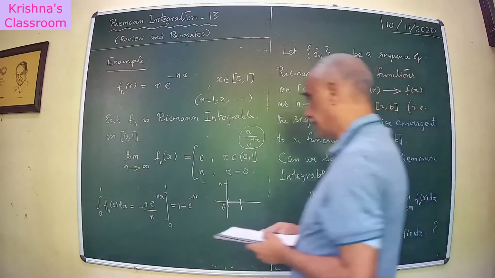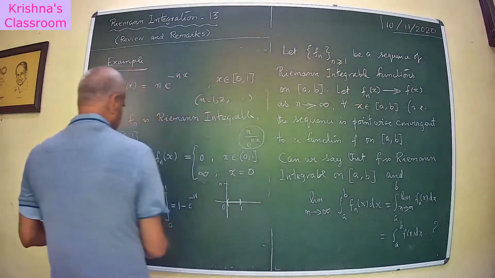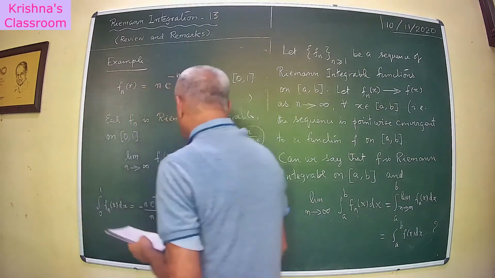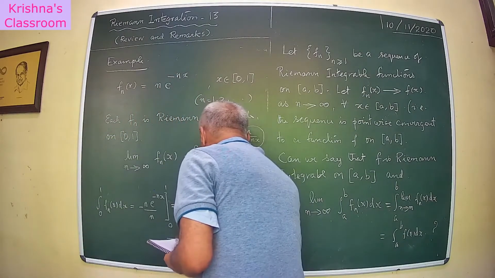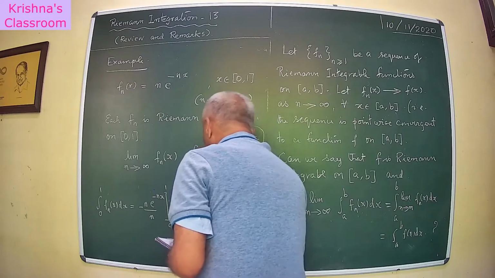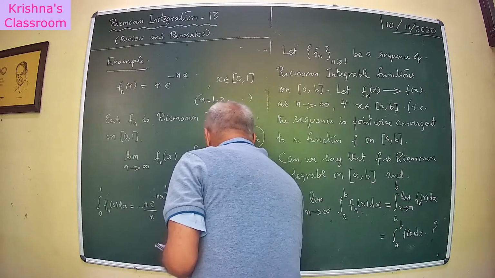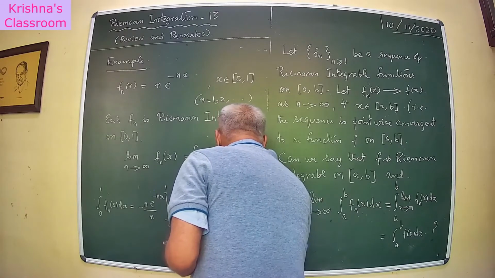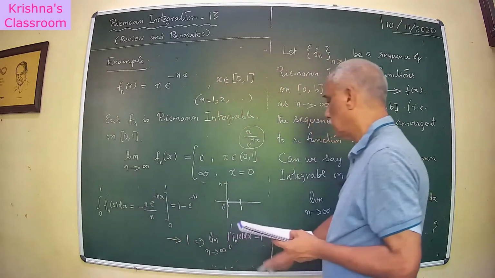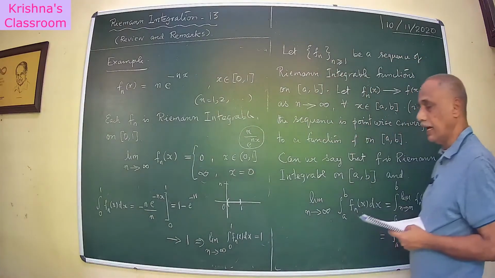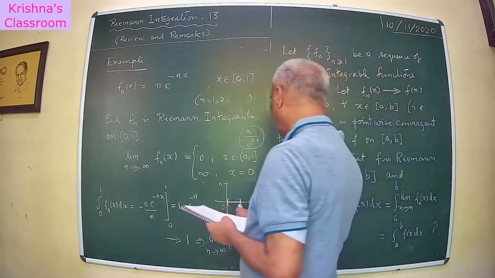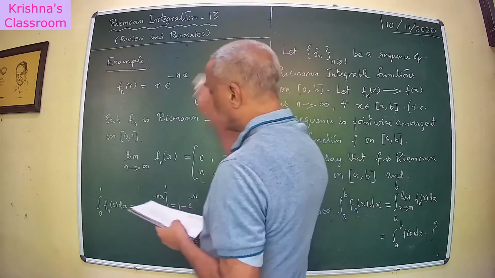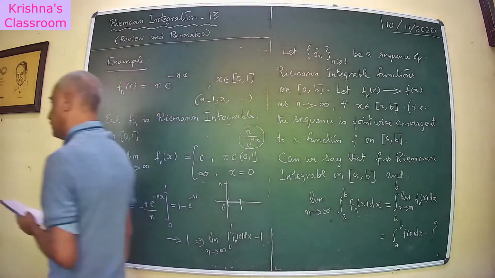Okay, and therefore the limit of this goes to 1. Therefore the limit as n tending to infinity of the integral from 0 to 1 of fn is equal to 1. What about f(x)? f(x) is 0 everywhere except at this point where it becomes infinite. So it's an unbounded function.